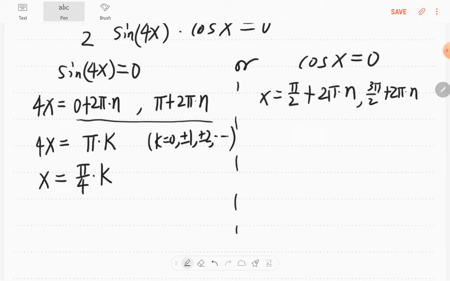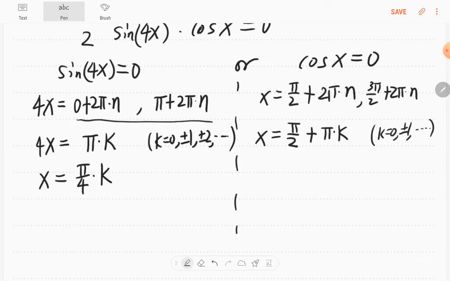We know these two angles are on the same y-axis, so you can combine them because the difference is pi. So it's pi over 2 plus a multiple of pi. We can use k instead of n, of course you can still use n. This k is still 0, plus or minus 1, plus or minus 2, and so on.